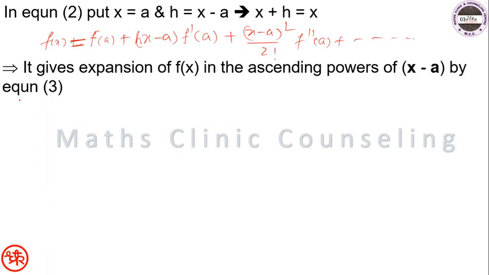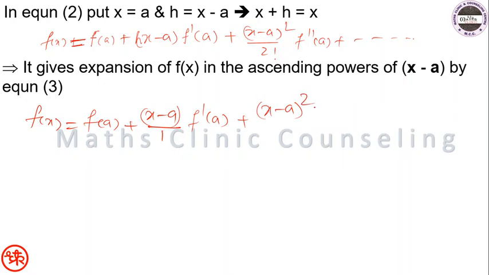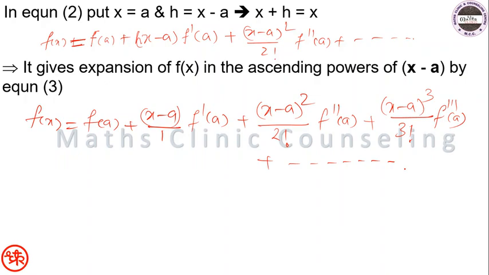So how can we write this formula? That is f of x is equal to f of a plus x minus a by 1 into f dash of a plus x minus a whole square by 2 factorial f double dash of a plus x minus a whole cube by 3 factorial f triple dash of a plus and so on, and this is formula number 3.